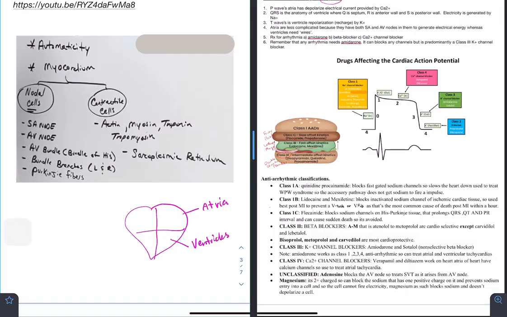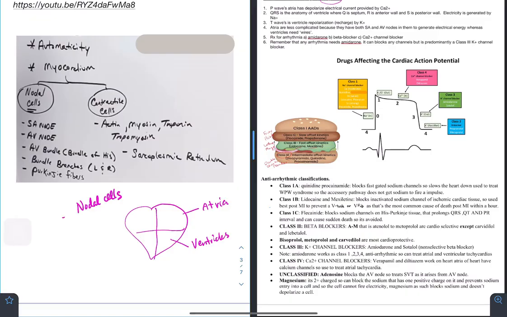In the atria, we have automatic functions. What I mean is they mostly contain nodes, or specifically nodal cells.